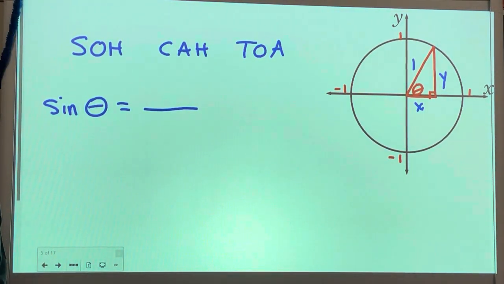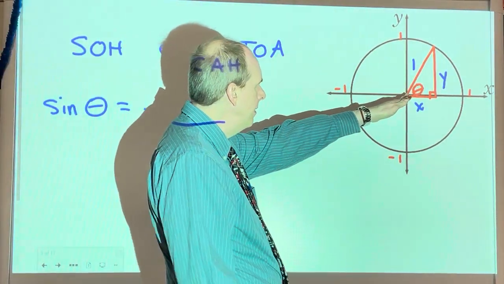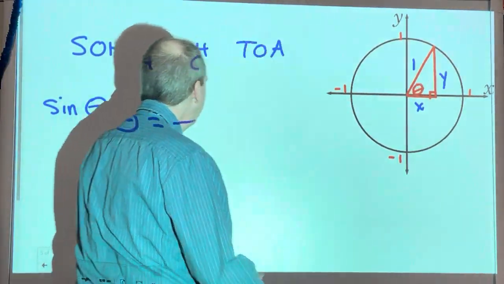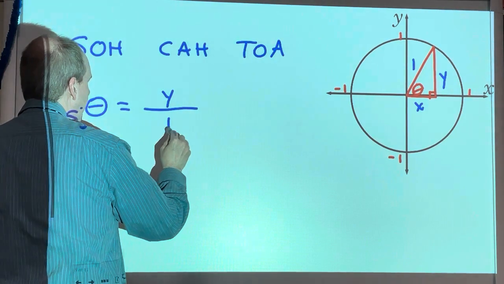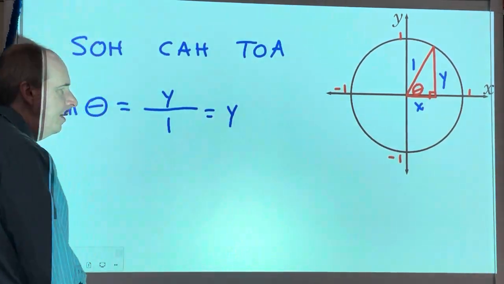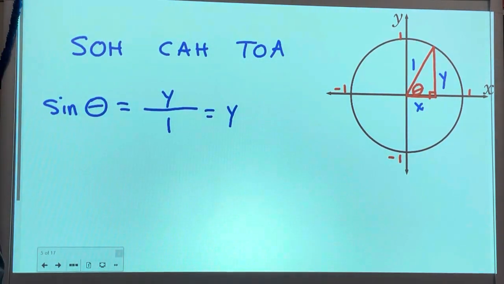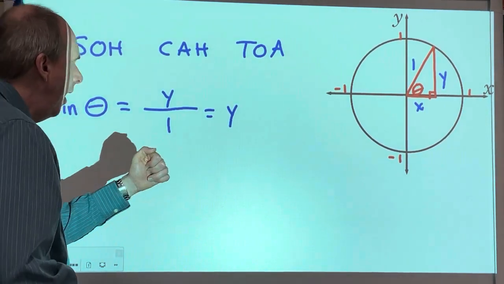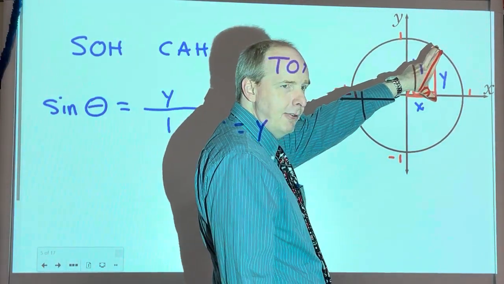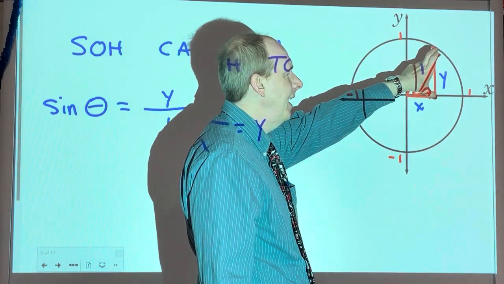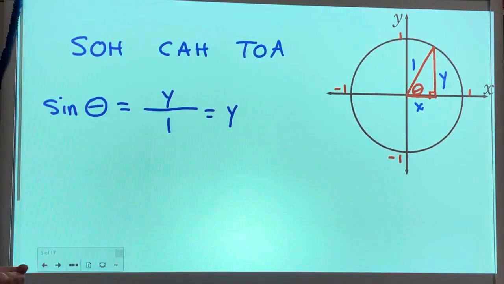Which side's the opposite? Here's your theta. Opposite would be y. Hypotenuse is 1. Well, anything divided by 1 is itself. So you could say that the sine of that angle, theta, is equal to y. It's equal to the height. However tall that triangle is, that is our answer for sine of the angle.